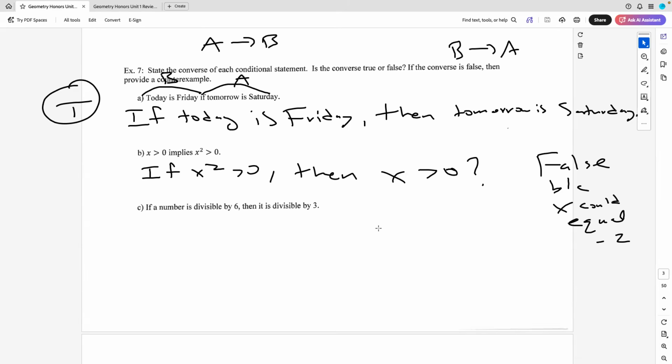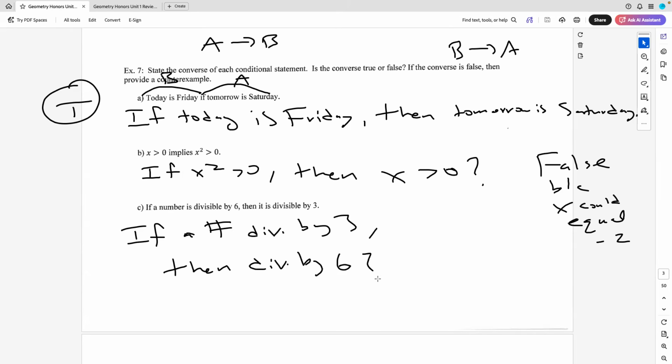Then lastly, if a number is divisible by 6, it is divisible by 3. So if a number is divisible by 3, then it is divisible by 6, true or false? False again.